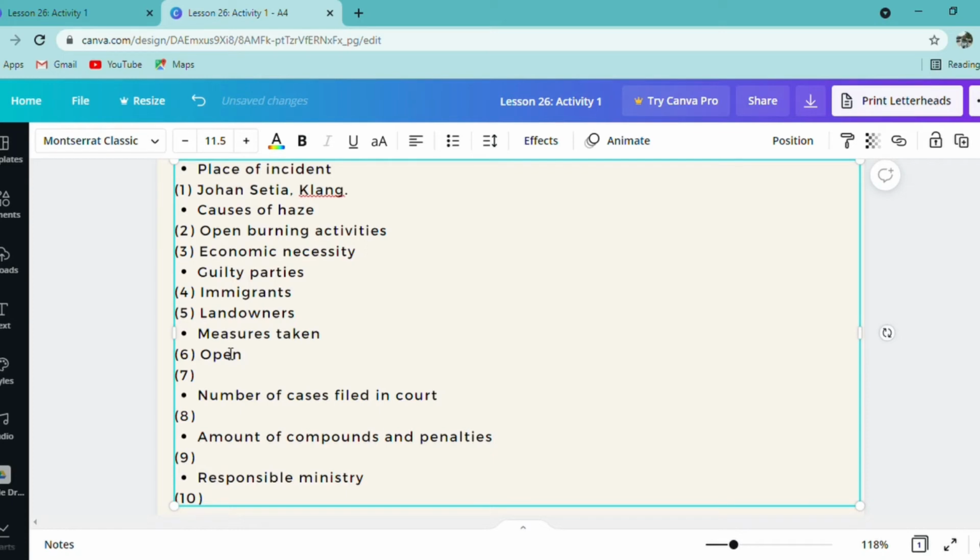So you write down the answer: activate open burning prevention action plan, issue show cause letters.